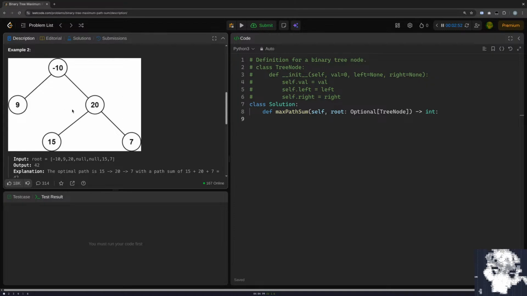It's never going to be worth picking up the 9 because you're going to end up with -1 overall, because you can't pick up this 9 without going through this -10. So I wonder if there's some dynamic programming kind of thing where I can say, the real value of this node is -1, because that's the value of it plus the best path that you can grab from it.